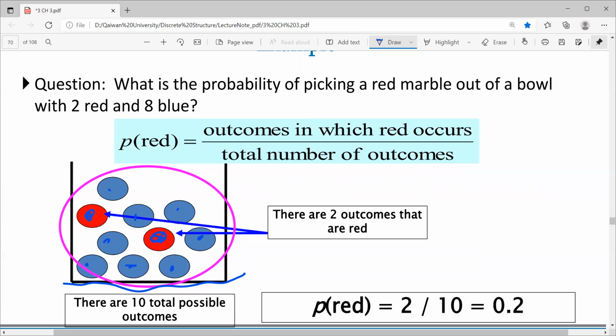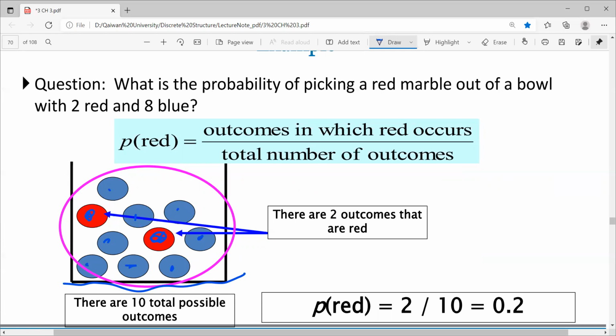Look, we have only two possibilities to take a red, because here we have only 2 red marbles in the bowl. And the total of marbles is 10. 2 plus 8 is 10. As it says, we have 2 red and 8 blue marbles in the bowl.